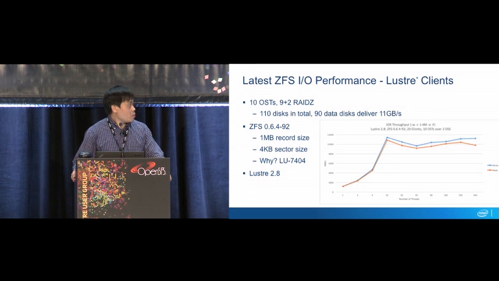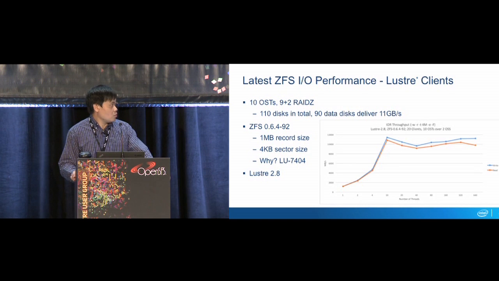We use a 1 megabyte block size and 4 KB sector size. The reason we choose ZFS 0.6.4.. is due to LU-7404, which is an upstream change made by OpenSFS, and caused some performance issue.